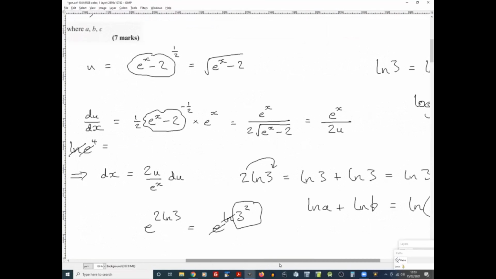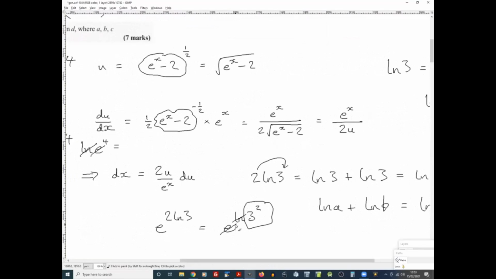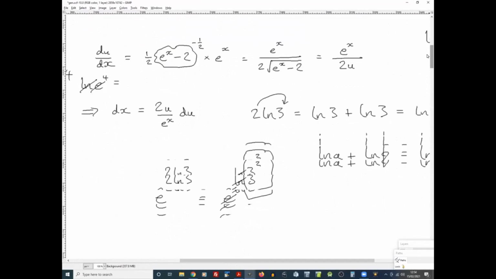So it's simpler than these examples. I was generalizing a bit to talk about how very useful it is to cancel an e with a log. And by the way, it cancels that way, but it cancels the other way as well.